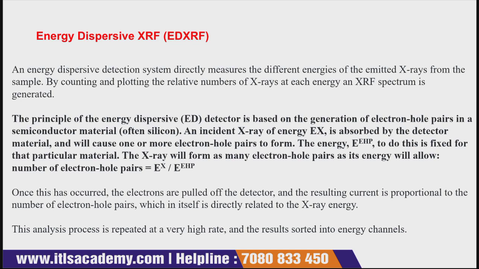So the X-ray will form as many electron holes as its energy allows. The number of electron hole pairs is given by EX divided by EHP. Okay, so now let us understand what it means in detail.